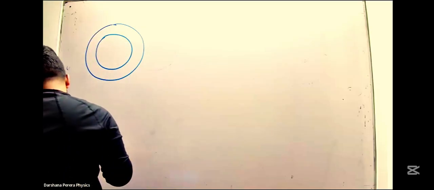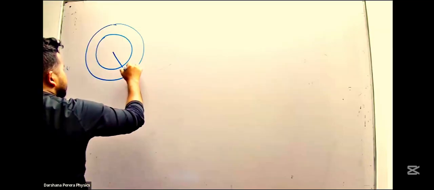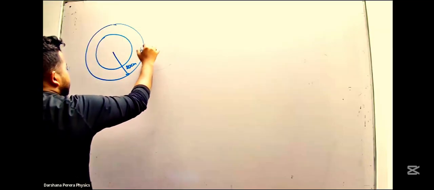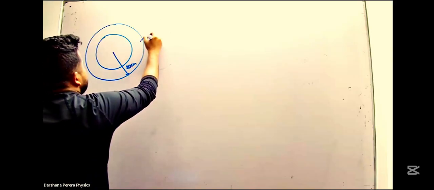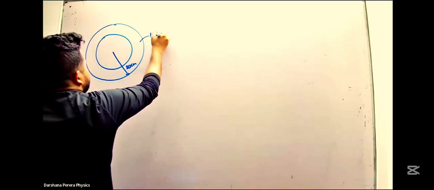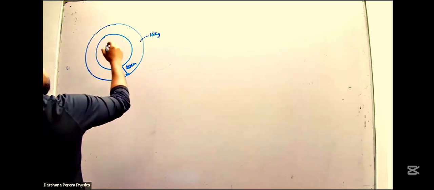Like this. First solid cylinder, 20 centimeter, has a mass of 16 kilogram, and the other one is 4 kilogram, 10 centimeter.